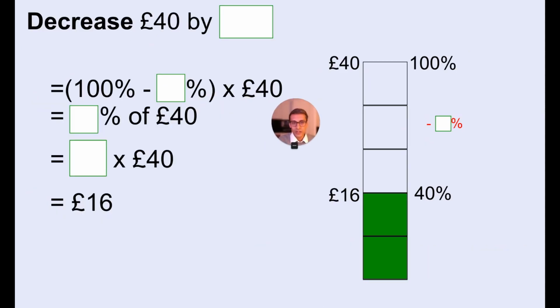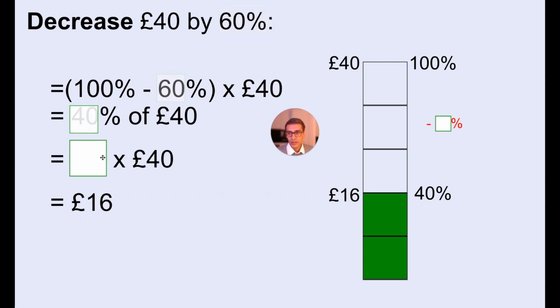Okay, so using that information, fill in the blanks here, pause the video, have a go, copy this out. Okay, I'm going to show you how to do this. So in this case, taking 60% off is the same as working out 40%. So again, sometimes people put the decrease in the middle of the bars there.